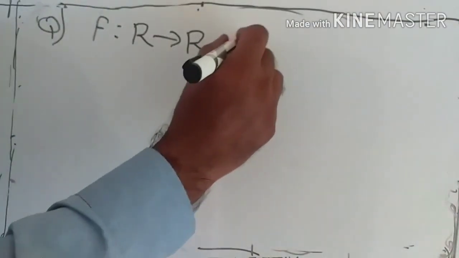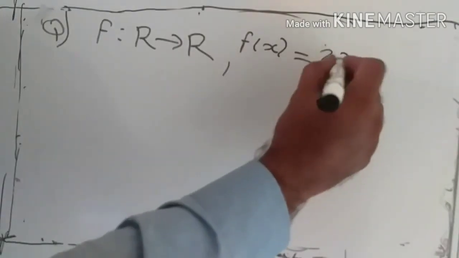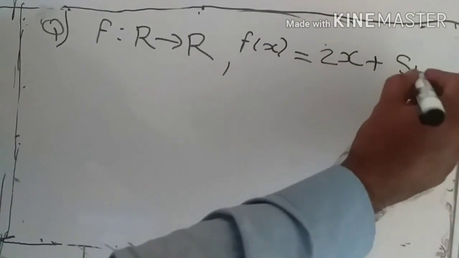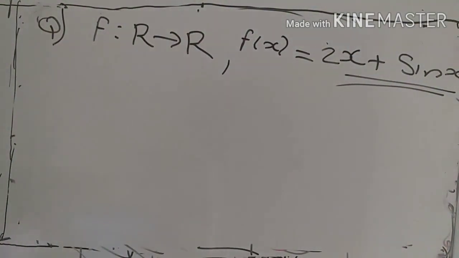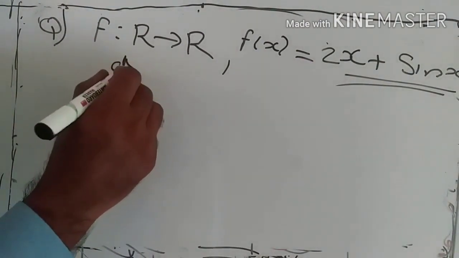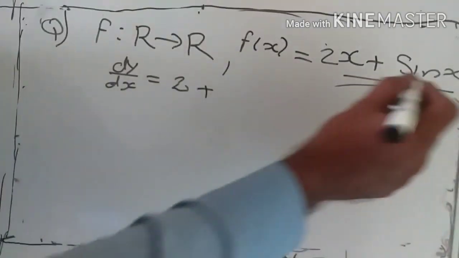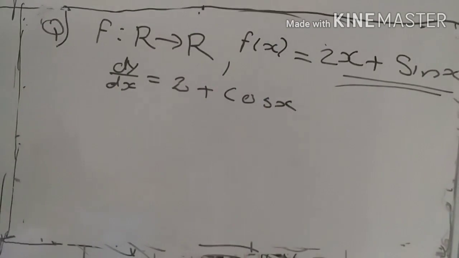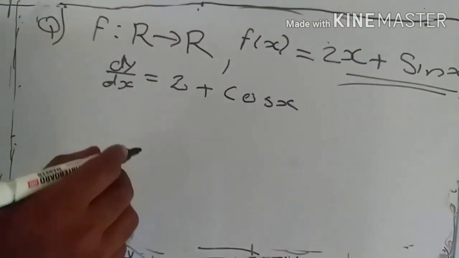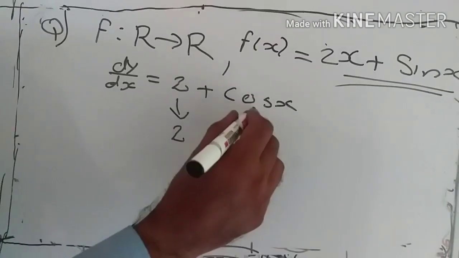f of x is equal to 2x plus sin x. Okay. dy by dx is equal to 2 plus cos x, since the derivative of sin x is cos x. What's the value of cos x?